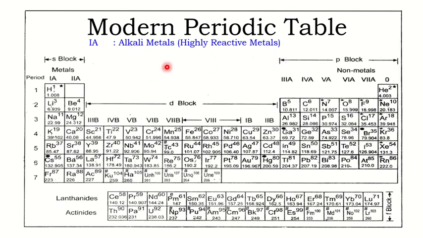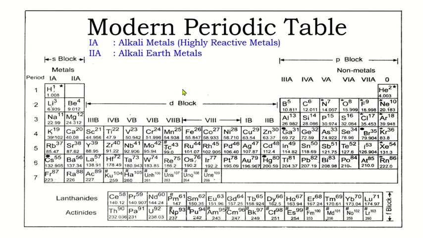If someone says alkali metal, then we have to understand he is talking about group 1A and they are highly reactive. Now let's talk about another group. This is group 2A. Group 2A are also called alkaline earth metals. If somewhere alkaline earth metal is written, it means beryllium, magnesium, calcium, strontium, etc.